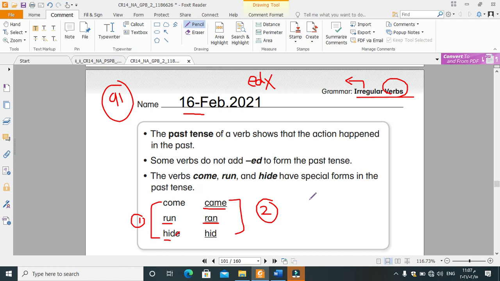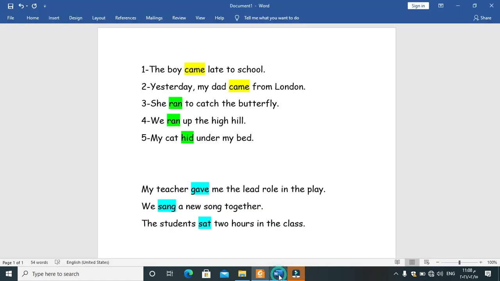That's good. So, who can use the new words in a sentence? The new verbs: came, ran, and hid. Look at number 1 here. The boy came late to school. Number 2, yesterday my dad came from London.